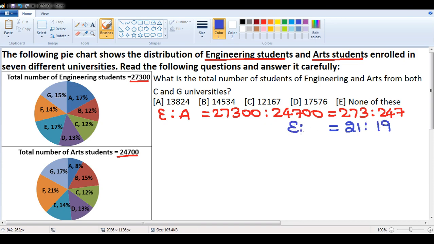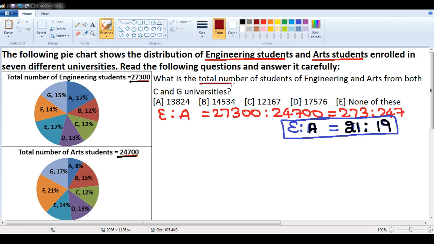That means whenever I hear the term engineering, I will multiply by 21. Whenever I hear the term arts, I will multiply by 19. Engineering is 21, arts is 19. I am not interested in taking these actual values unless it is required in a problem. Now see the first question.